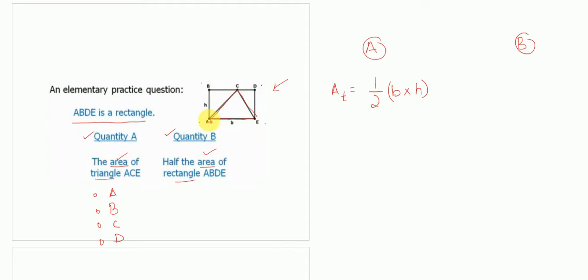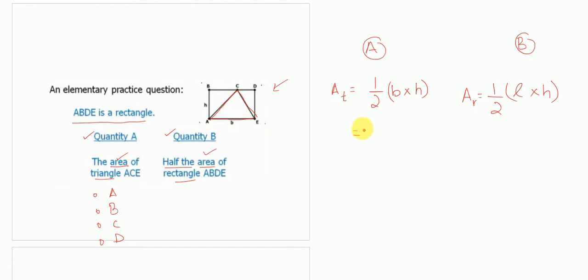That's length times the height. So we have length times the height, but it says half the area, so we have to multiply this whole area of the rectangle by 1 over 2. All right. So they're pretty similar to each other.